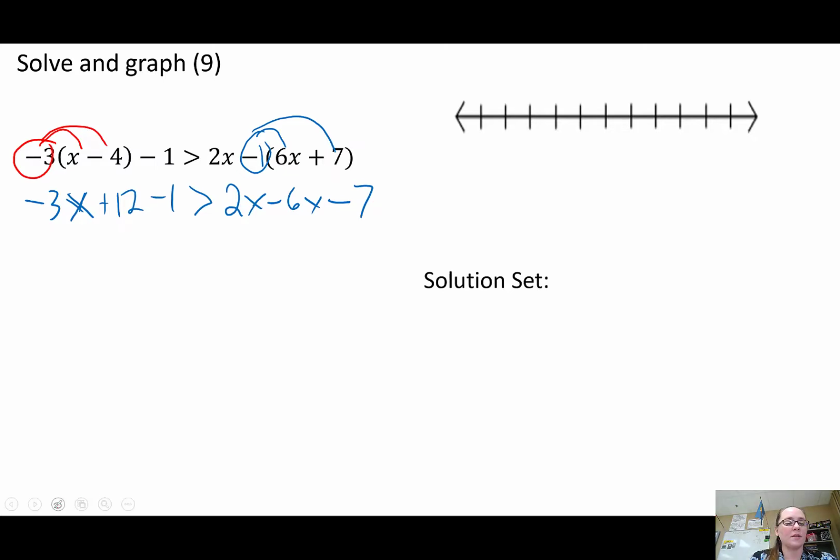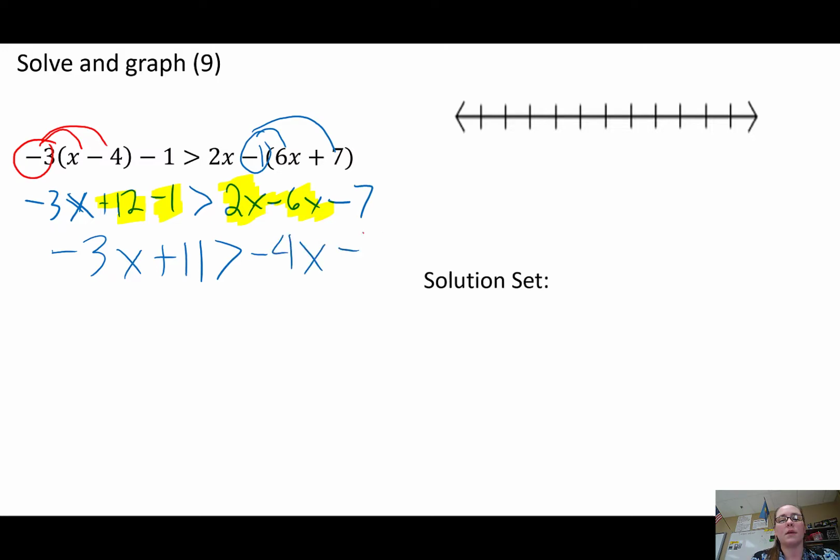From here, combining like terms on the left and the right. So on the left, I have 12 and negative 1, and on the right, I have 2x and negative 6. All right, so I'm going to get negative 3x on the left plus 11 greater than 2x minus 6x gives me negative 4x minus 7.